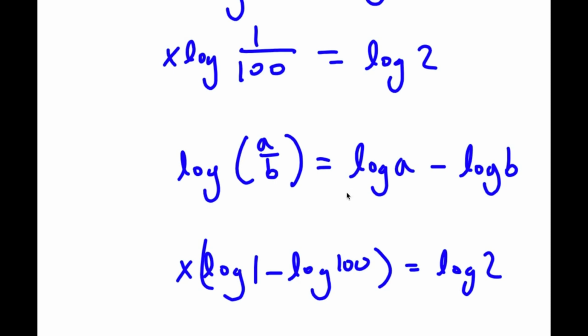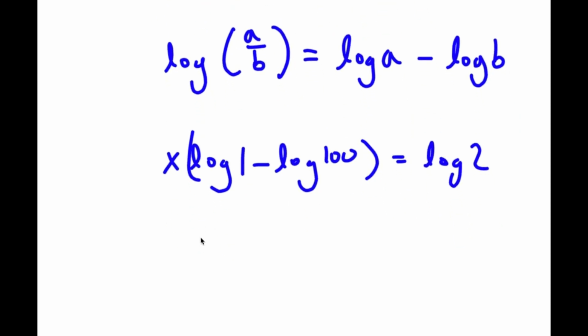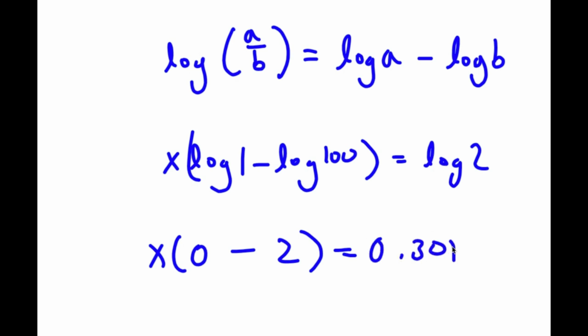So now, log 1 is simply equal to 0, and log 100 is simply equal to 2. So I have x times 0 minus 2 is equal to log 2. That's equal to approximately 0.301.